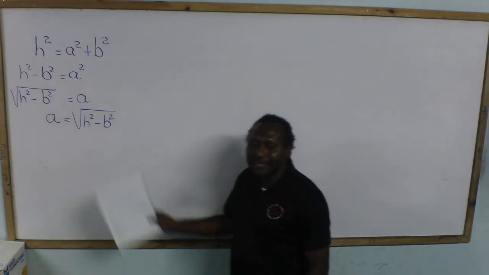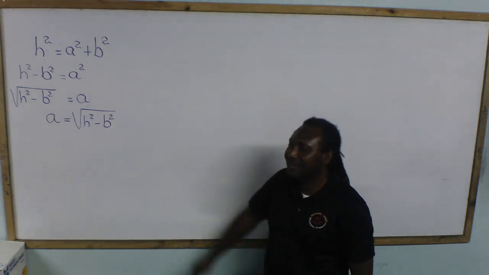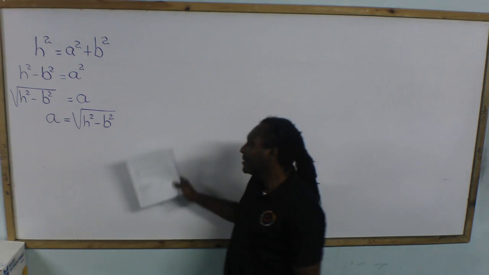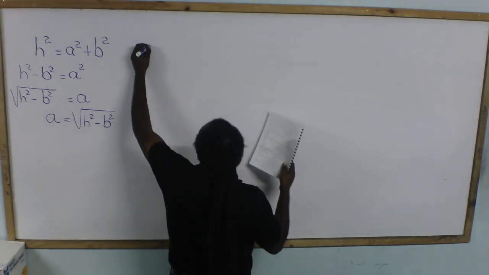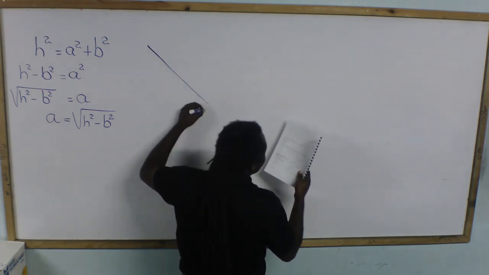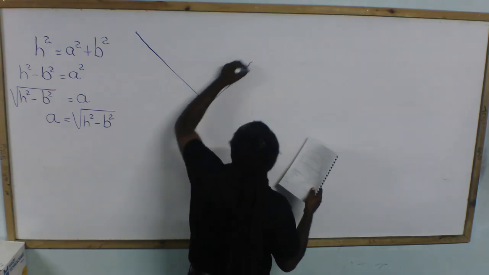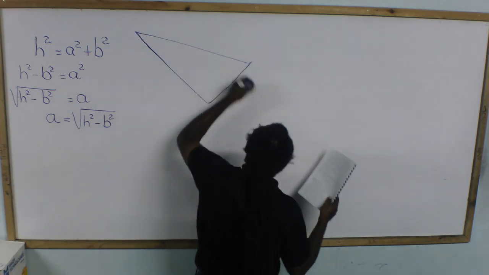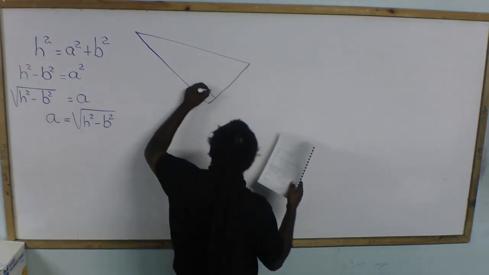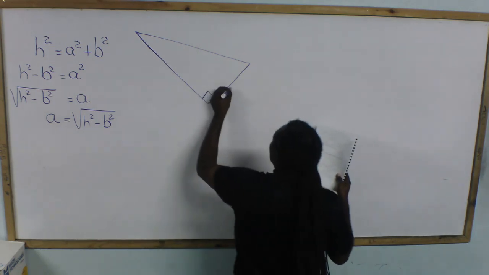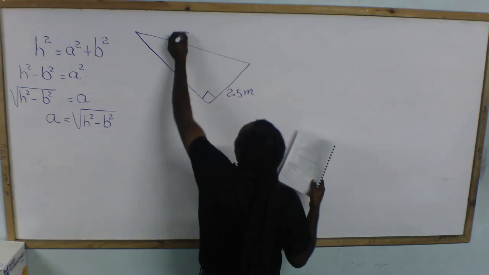Right. So we need to find the length of one of the shorter sides of your right angle triangle. And we are going to use this formula in achieving that. So your first triangle is meters this time.